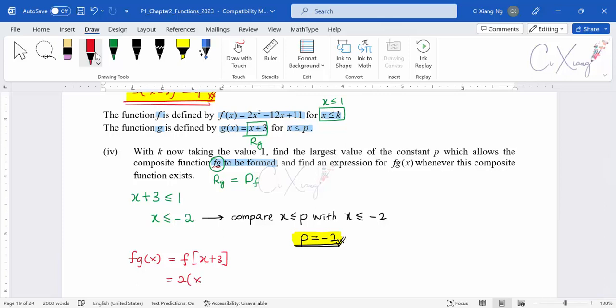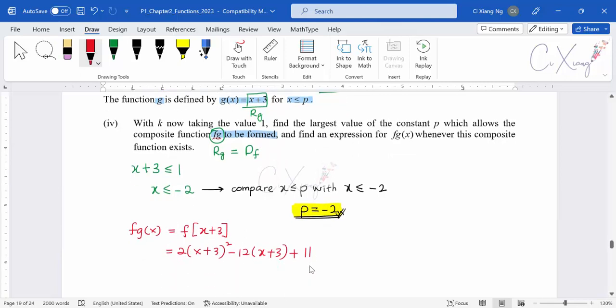So it is like this: (x plus 3) squared, then minus 12(x plus 3), plus 11. You can see very clearly that you substitute the function x plus 3 into the function f. Then of course you need to expand the square, expand everything, and simplify your answer. If you didn't make any careless mistake, your final answer should be 2x squared minus 7.